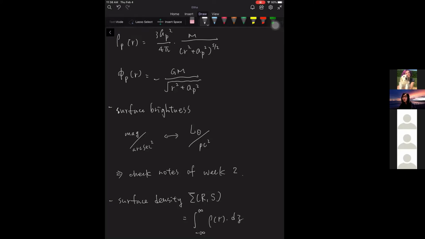I don't know which distance I have to take for the exercise. Okay. So your problem is that you don't know how to convert magnitude to solar luminosity. Is that correct? Yeah, I think so.